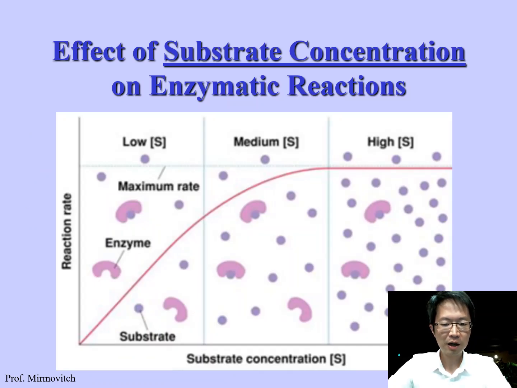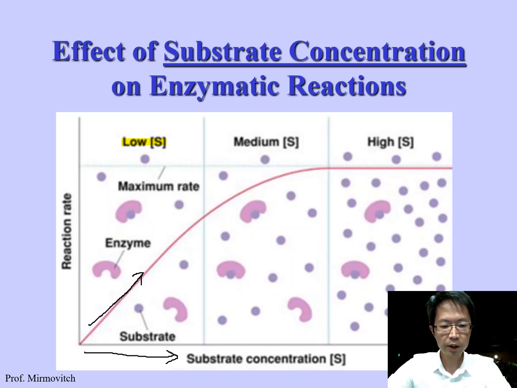So this is what I just talked about in terms of graph. This is what the graph looks like. You can see that when there's a low concentration of substrate, then when we increase the substrate concentration, the rate of the reaction will also increase.